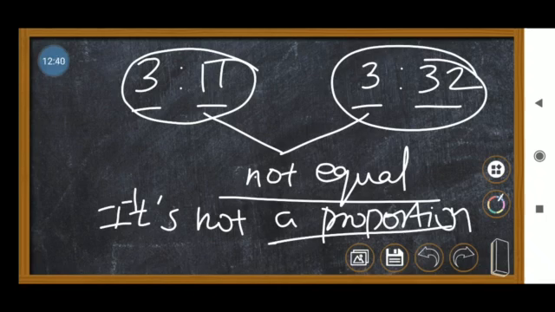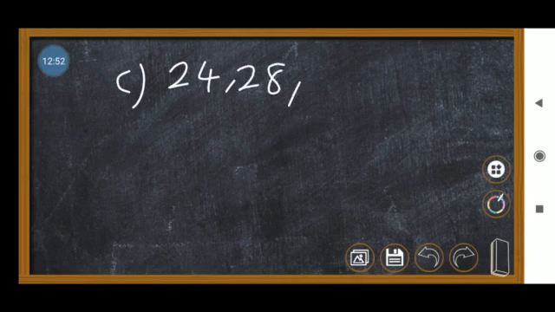So this kind of problem only we have to calculate. Anyway, I will solve one more problem, and I will give some homework. Okay. So C problem. What is given? 24, 28, and 36, 48.